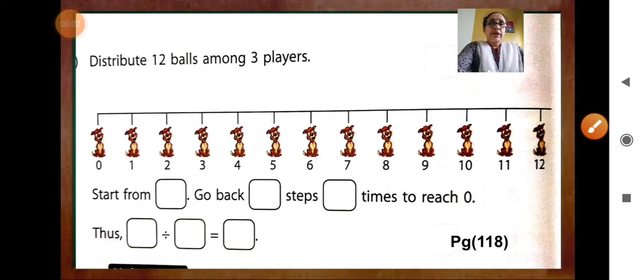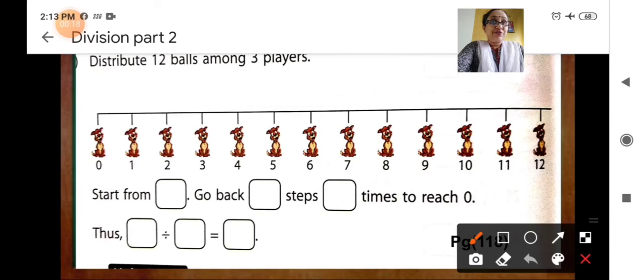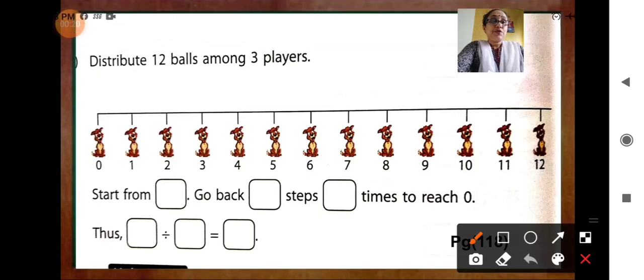Now, look at this number line. It is starting from 0 to 12. Question is, distribute 12 balls among 3 players. Now, tell what we have to do. From where will we start? We will start from 12. Okay?